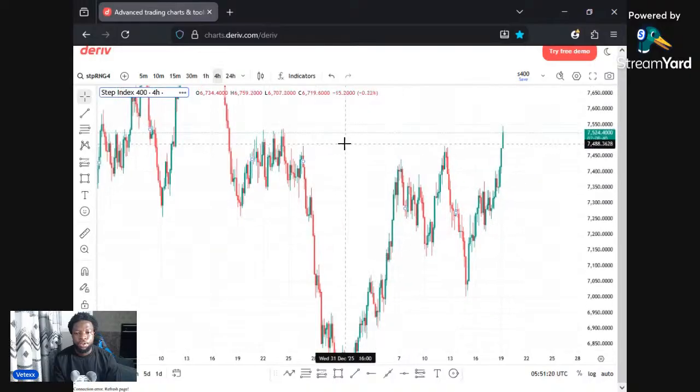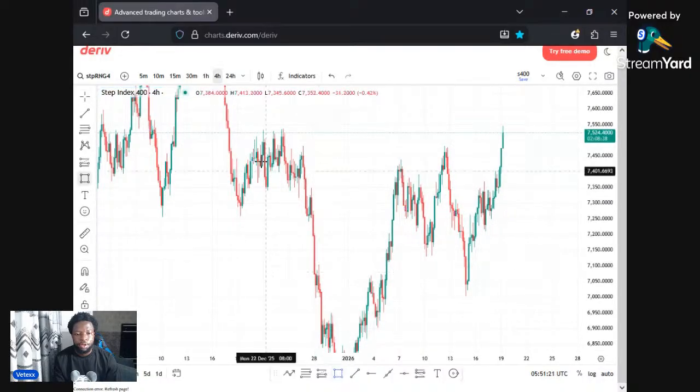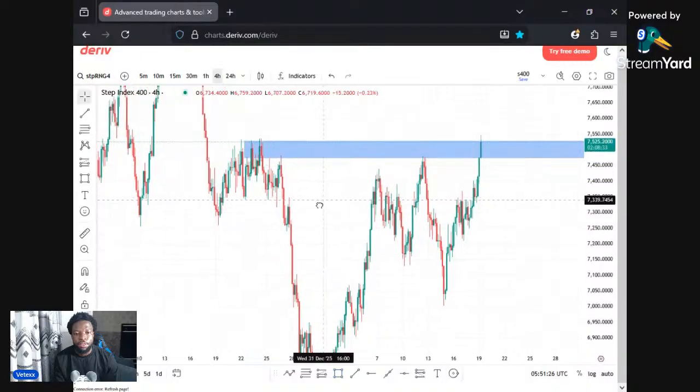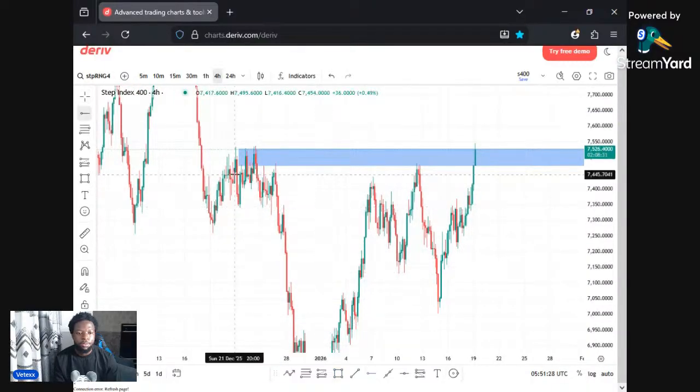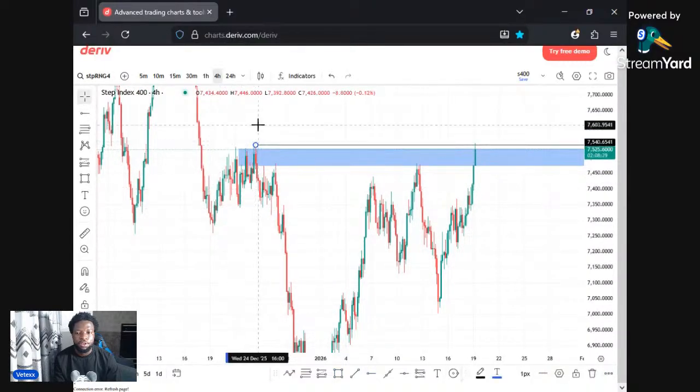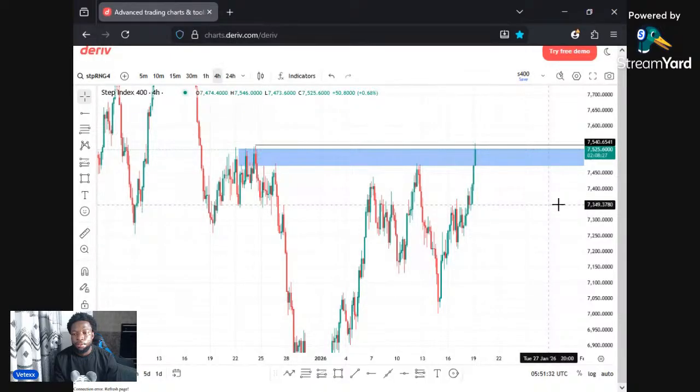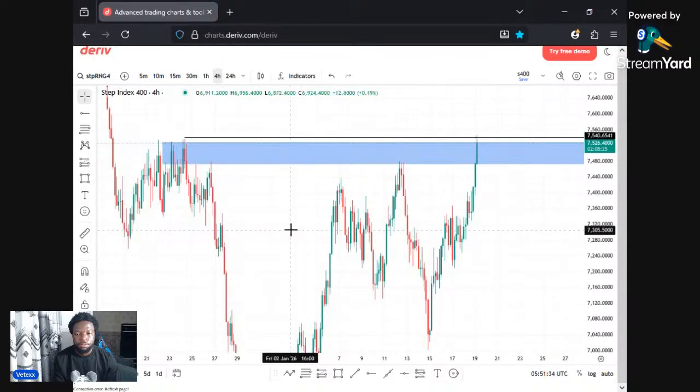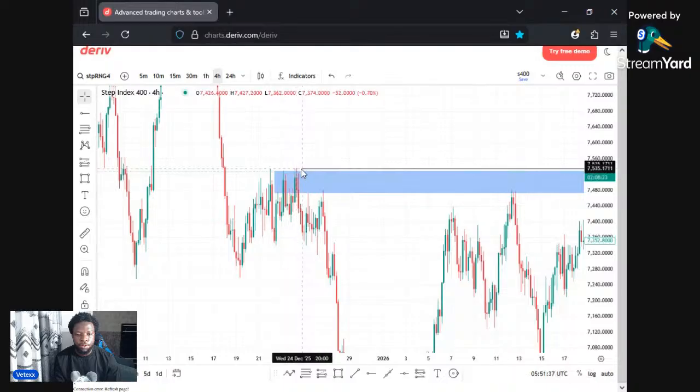On the 4-hour time frame, we are supposed to anticipate a continuation here. We've been anticipating a continuation, but unfortunately, price has taken out our protected high, which makes price invalidated.